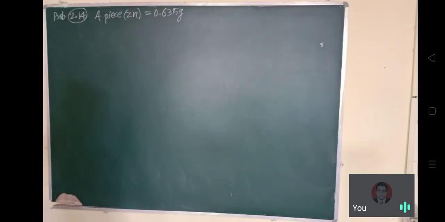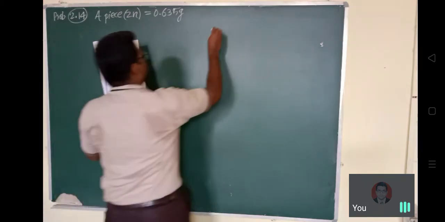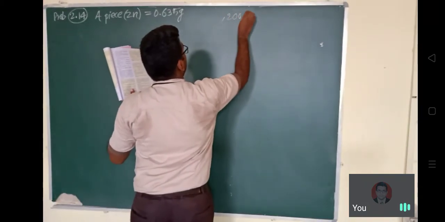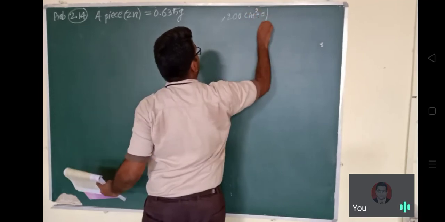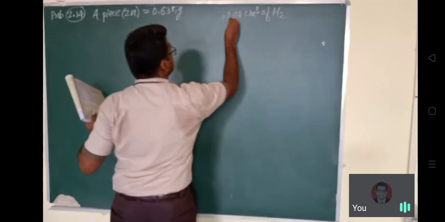When it is treated with excess of dilute H2SO4, it liberates 200 centimeter cube of hydrogen. So what is the meaning of this?